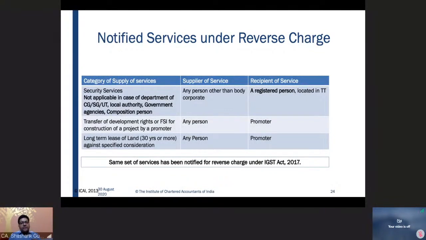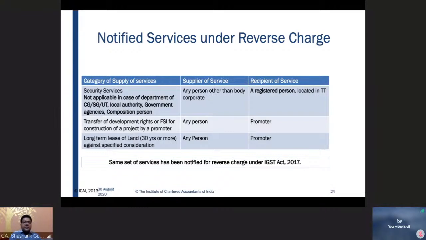Supplier is any person and the recipient is the promoter. In such case, again, the promoter will be the person who will be liable to pay the applicable GST under reverse charge.